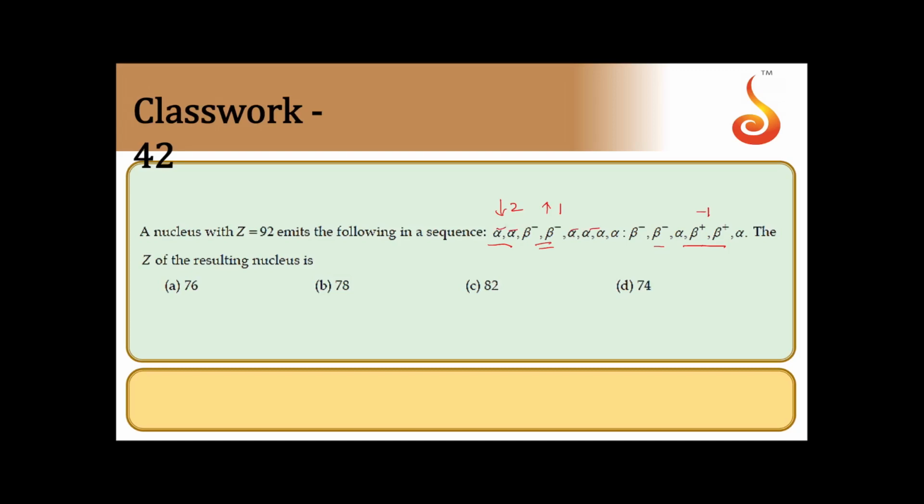Now here, 1, 2, 3, 4, 5, 6, 7, 8. Totally 8 alpha particles are emitted. One alpha particle will take away 2 units of Z, so Z should decrease by 16. Now coming to beta particles, 1, 2, 3, 4: 4 beta minus and 2 beta plus.